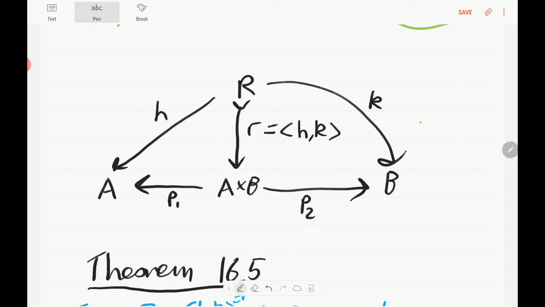Okay, so suppose we have a couple of objects, A and B, in a topos. Now a relation would be a subobject of A times B. So, for example, a monomorphism R from an object capital R into A times B. That would be a relation.